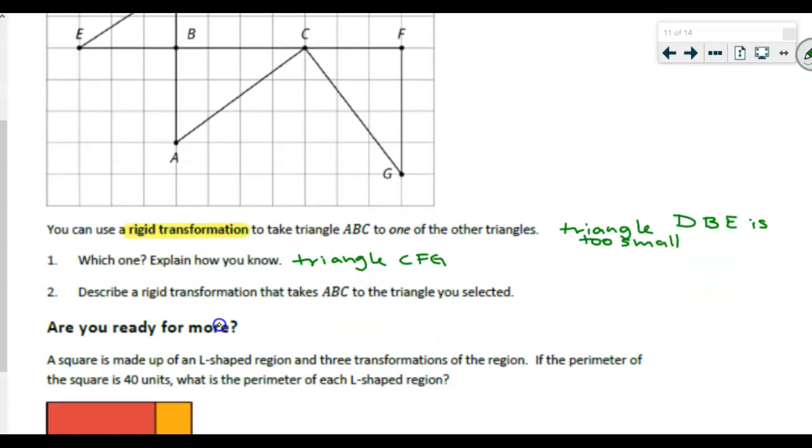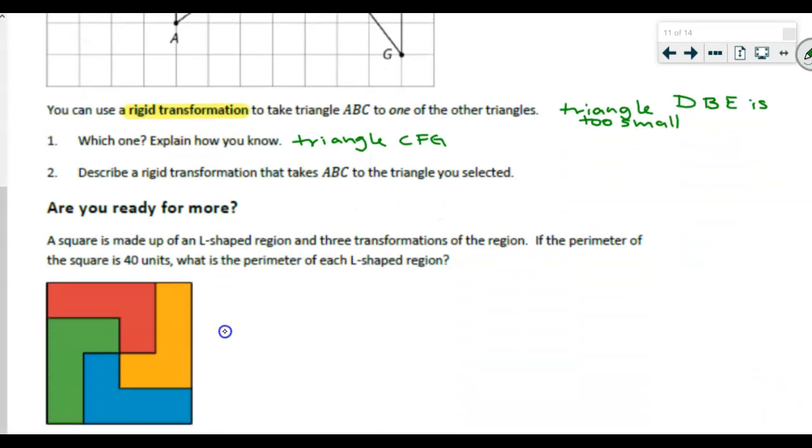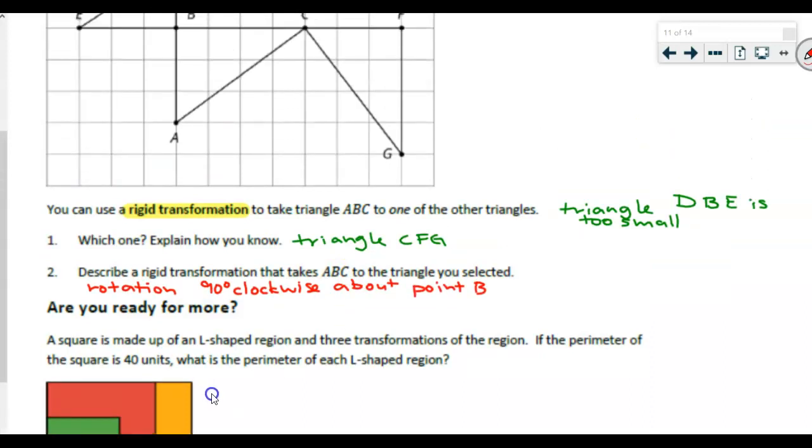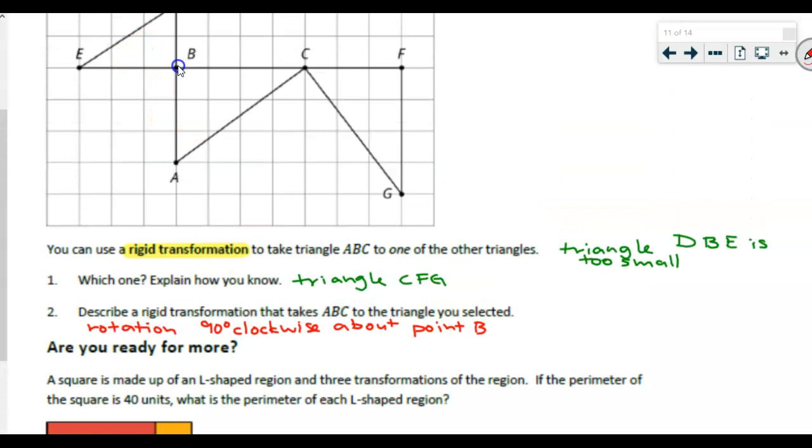So what is that rigid transformation that can take triangle ABC to our new triangle CFG? That was a rotation 90 degrees clockwise about point B, I think. No, not B. B is the easiest one actually. And then once it rotates around point B, then we can just translate it 7 units to the right.